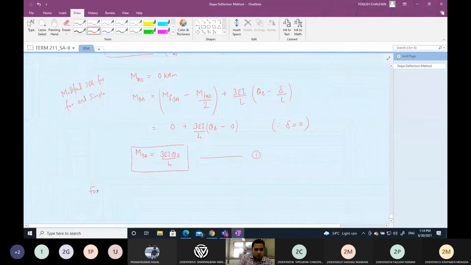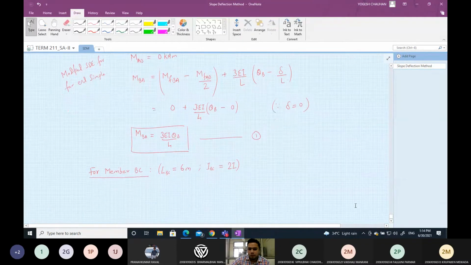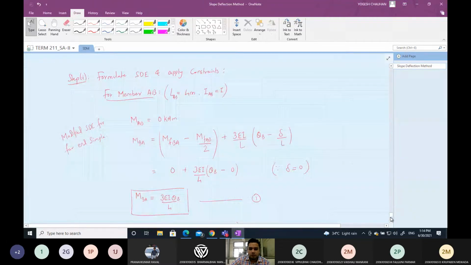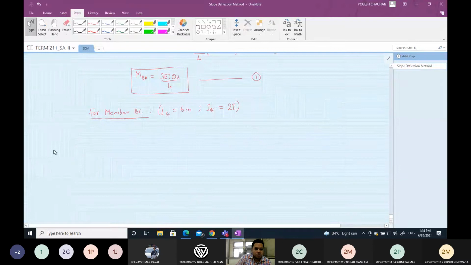Then for member BC, LBC is 6 meter and IBC is equal to 2I. Now here B is the intermediate joint and C is a fixed support, so we'll use the standard slope deflection equation.